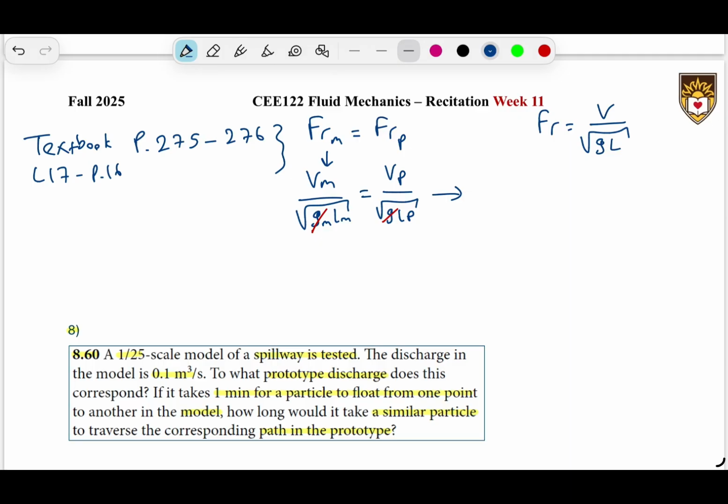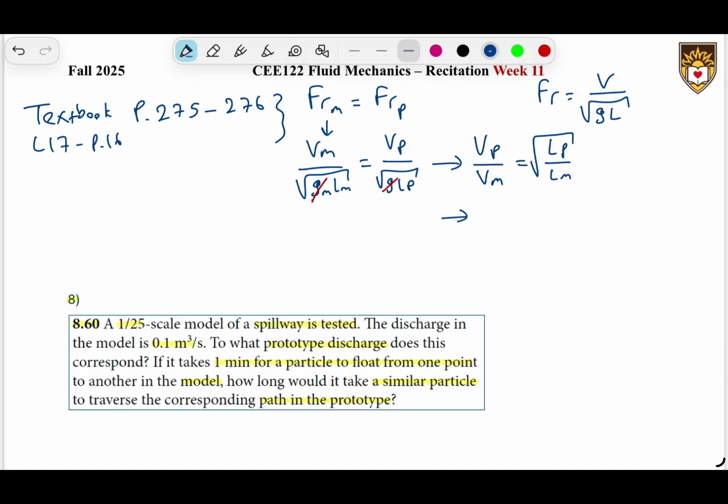So from here, we can modify it in this shape. And then we can write these in meters per second form. So it means we will have length of prototype over time, and the same for the model.